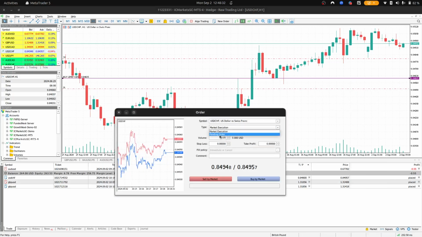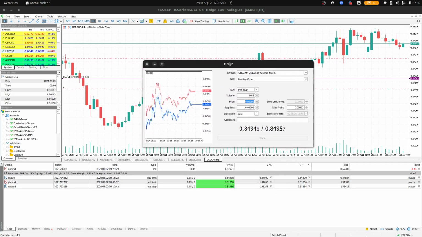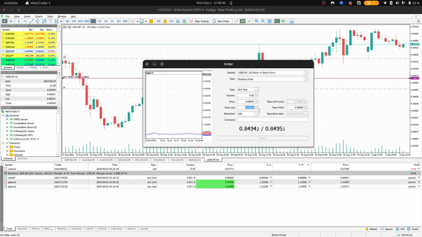Sell stop, and we are going to use the same price point, which was 0.84605, and again we are going to use this 1:2 risk reward ratio with a 100-point difference.